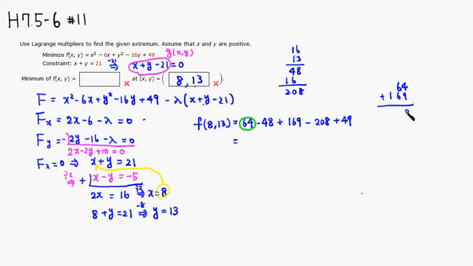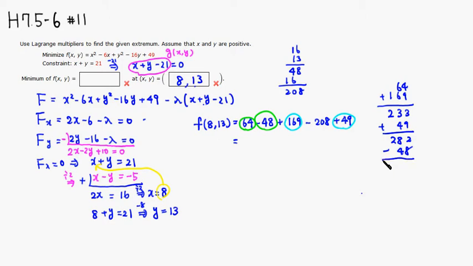Then I took care of that, and I'm going to add 49 too, so it's 282. Then I subtract 48, so I took care of that.